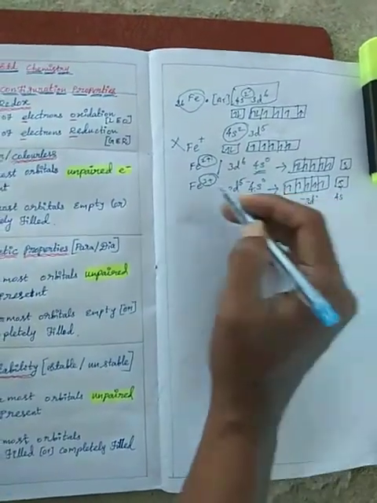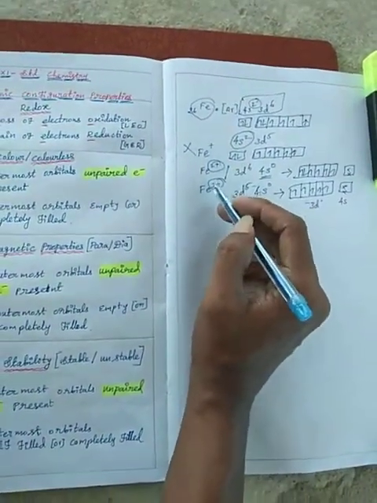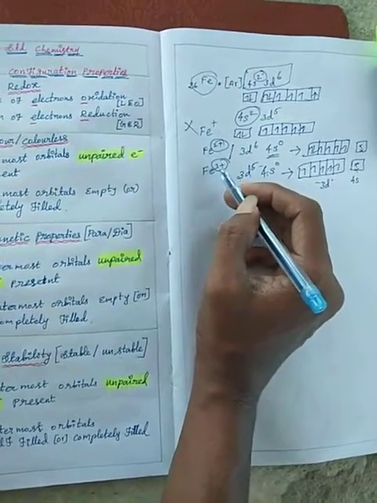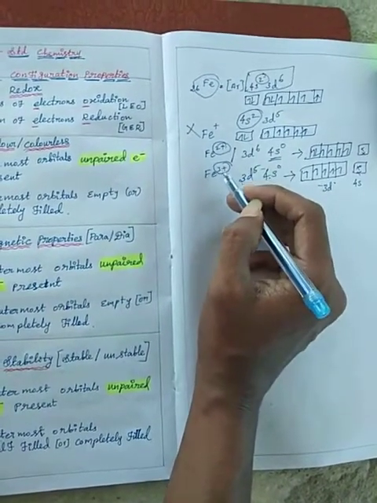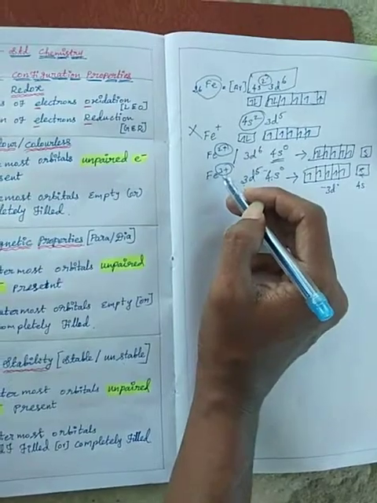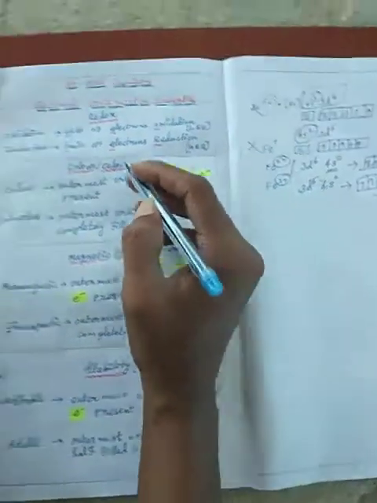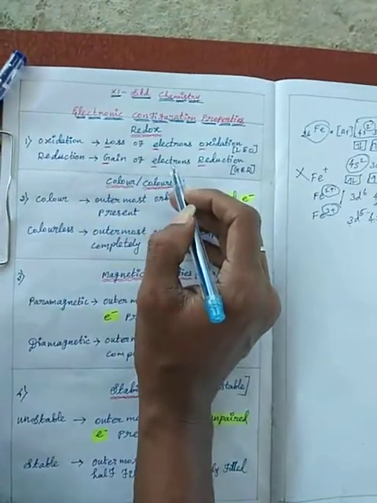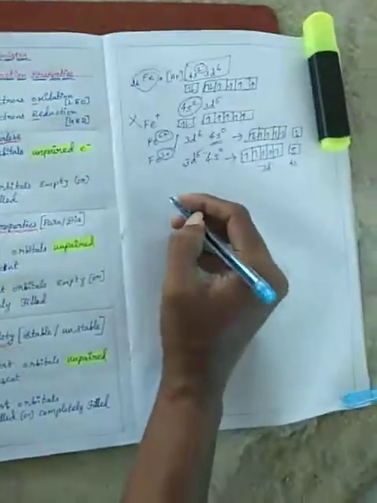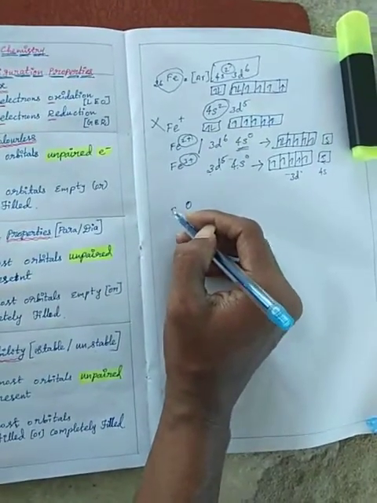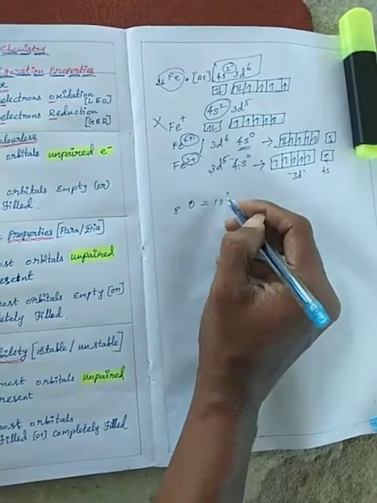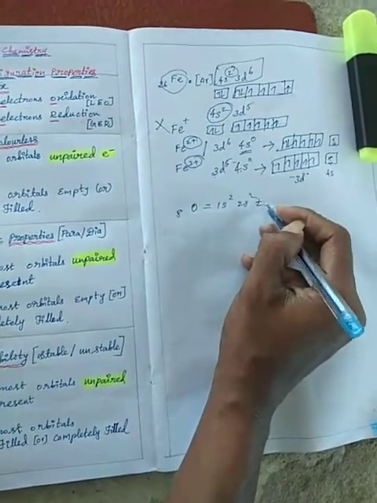So loss of electrons gives positive charge, the power mentioned depending on how many electrons are lost. Gain of electrons is reduction. For example, consider the oxygen atom, atomic number 8: 1s2 2s2 2p4.